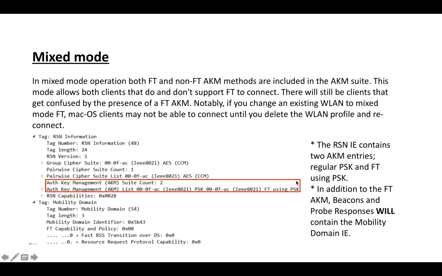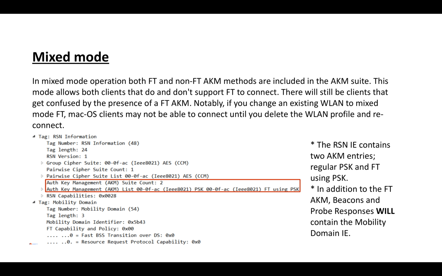And second, it does specifically say that we are using FT and PSK. And notice that the mobility domain is also there. So in the mixed mode, if the client is capable of supporting .11r, it identifies and says, okay, I see FT is there and the mobility domain IE is there, so FT is supported. Let's go ahead and use FT, and it will connect using FT.